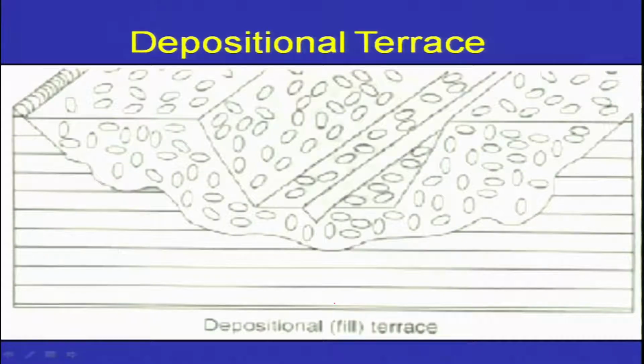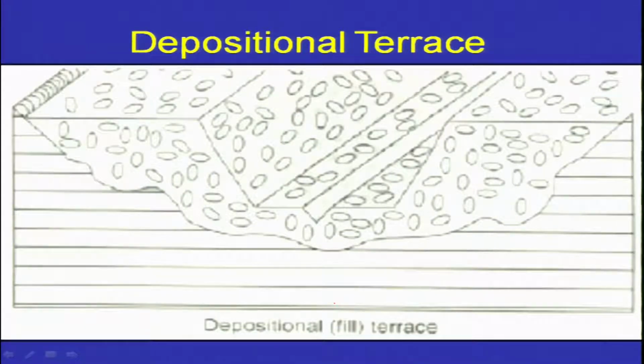Before going to that, let us look at what we exactly mean by the depositional terrace. The previous photograph from the field is of a strath terrace, but this is a depositional terrace, and as I told, the depositional terrace is the terrace which is formed by incision within the valley fill material.